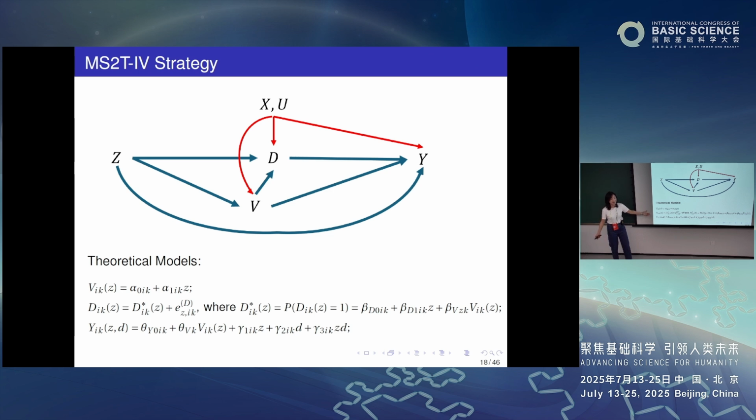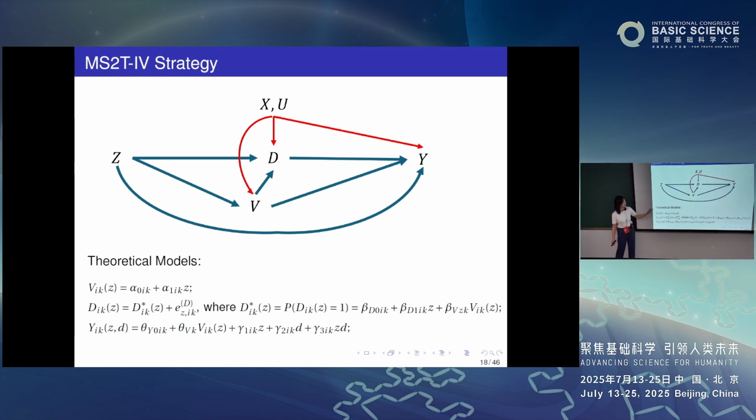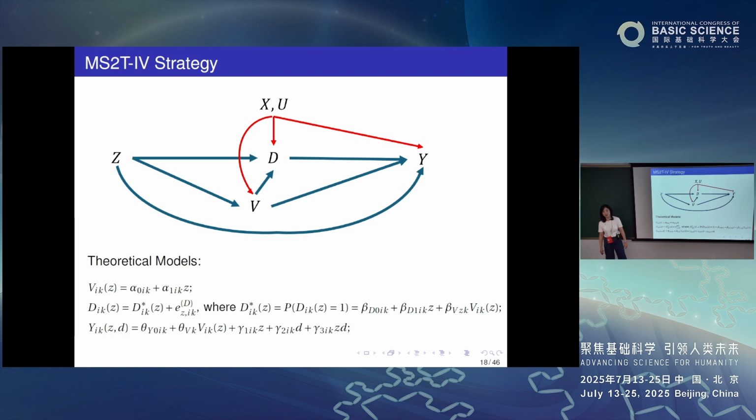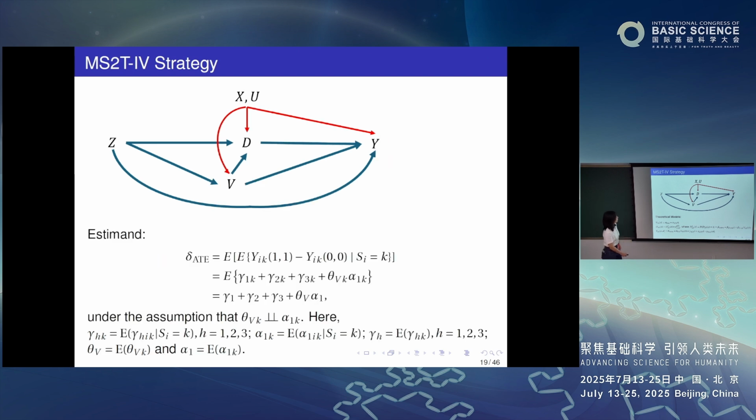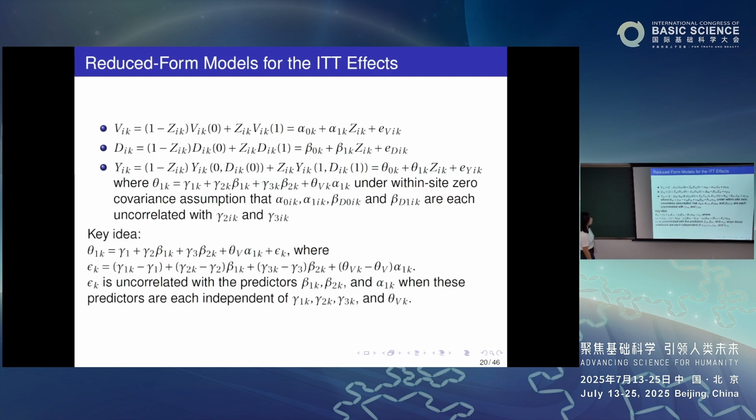But in reality, a subject is either assigned to a small class or assigned to a regular class. You can only observe one of these two. So you cannot directly work on this model. You have to link this model to the observed V instead of the potential outcome of V. And this is what this reduced form model is doing.